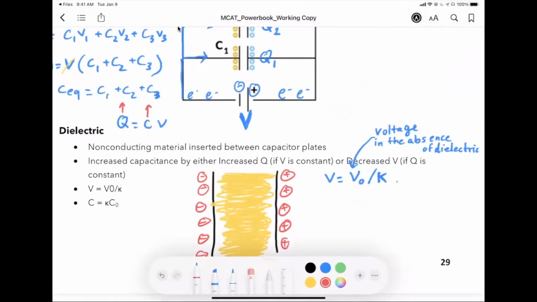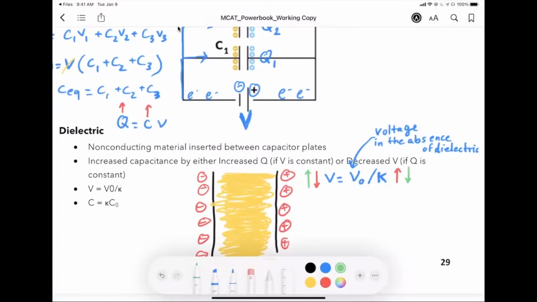If we increase the dielectric constant, the total voltage will decrease. And similarly, if we decrease the dielectric constant, then we increase the voltage across the capacitor plates, right?